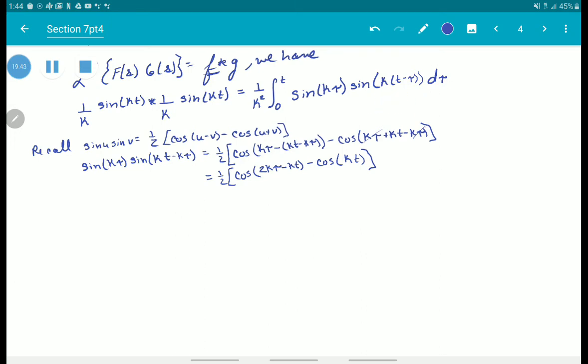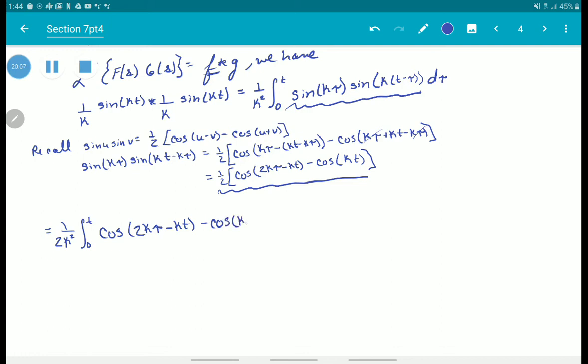So we're actually going to replace this whole piece with this guy. So we have 1 over k squared, integrating from 0 to t. This is going to be 1/2, so I'm going to pull that 1/2 out. Cosine of 2k tau minus kt minus cosine of kt. And we're integrating with respect to tau.